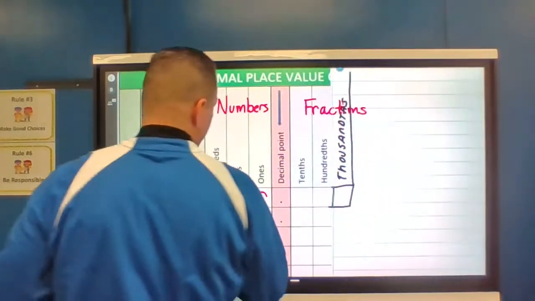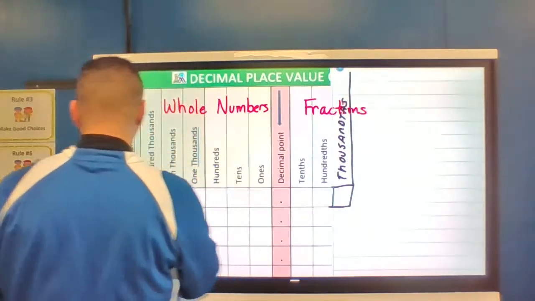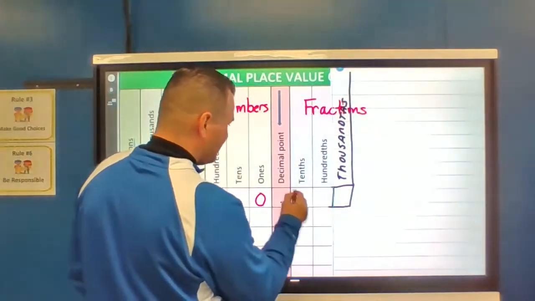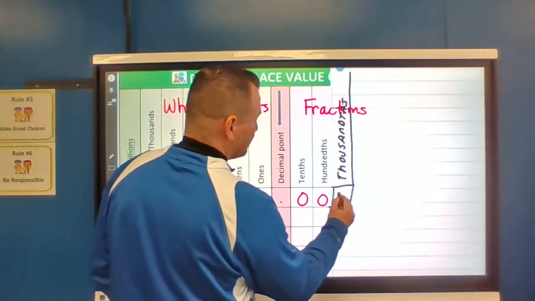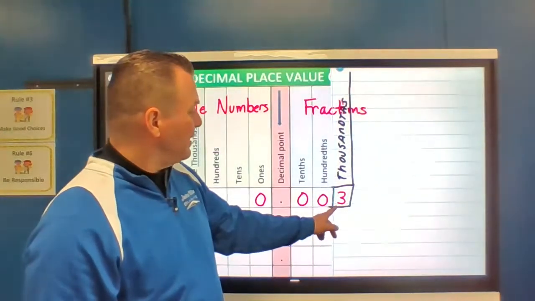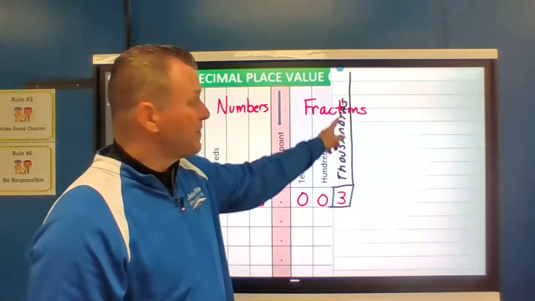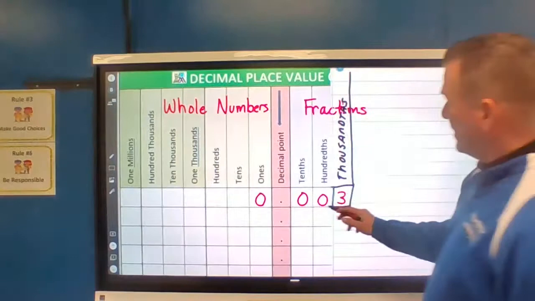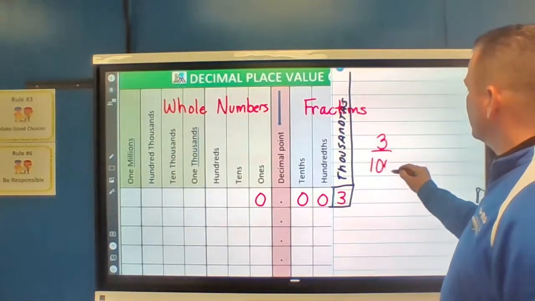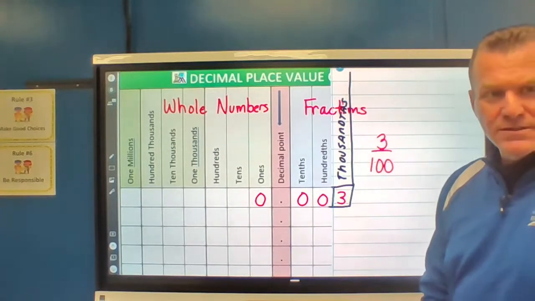So if I gave you a number that looked like this, you would say 3, and it's in the thousandths place. 3 thousandths. Okay?